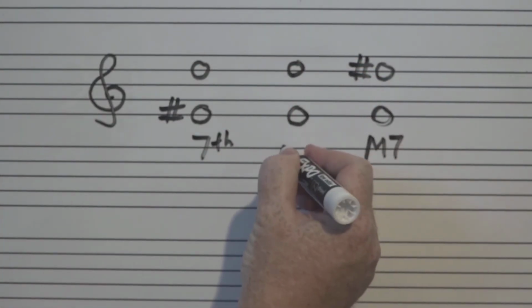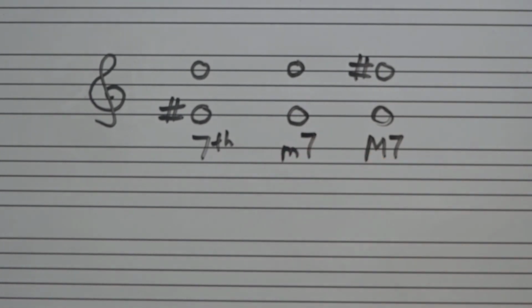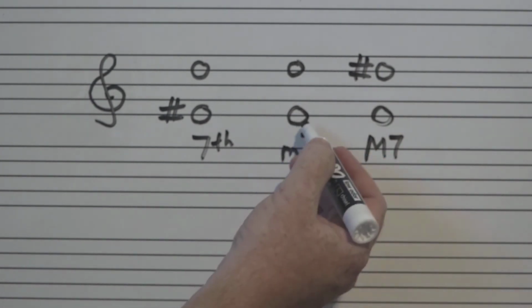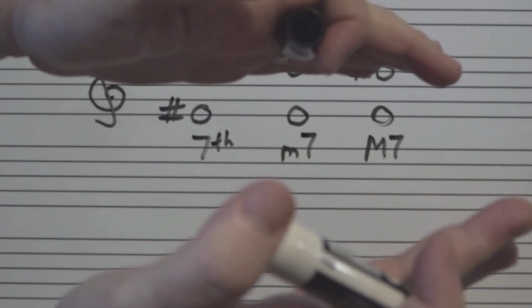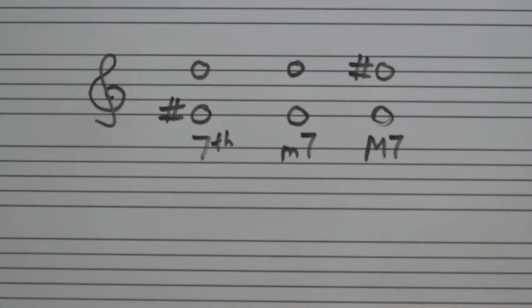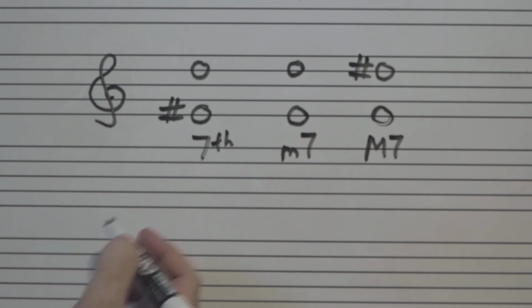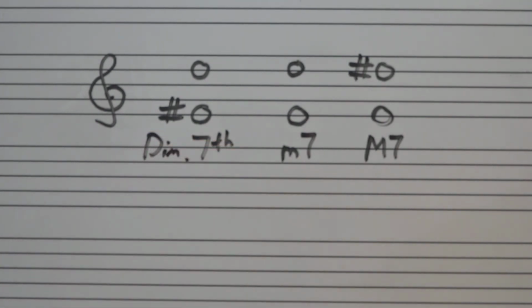This major seventh becomes a minor seventh. And notice from here to there, that E sharp and D, notice that D stayed the same, but the E sharp got closer. So this is again closer together. So this is a diminished seventh.